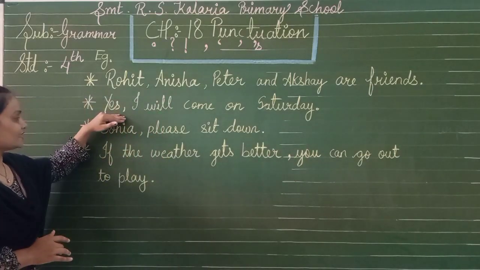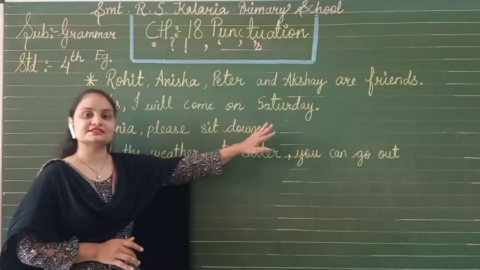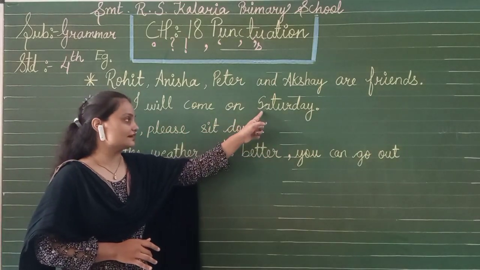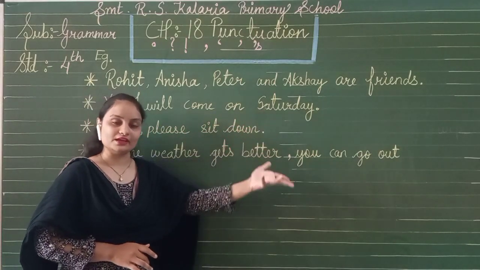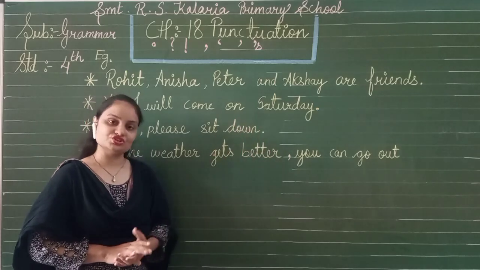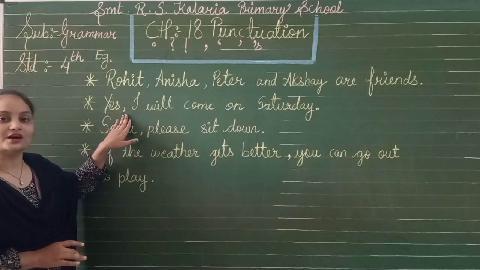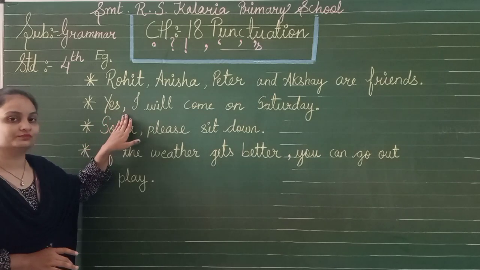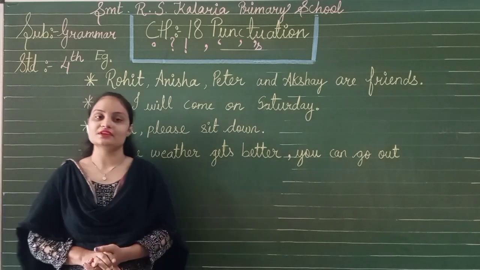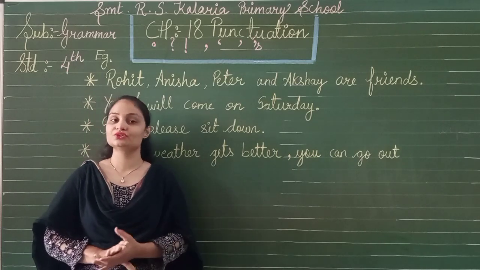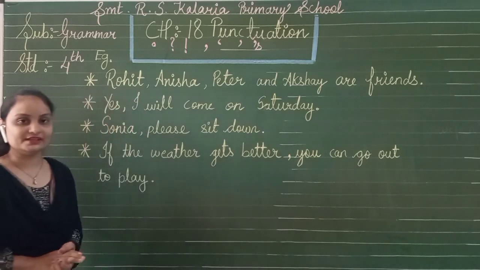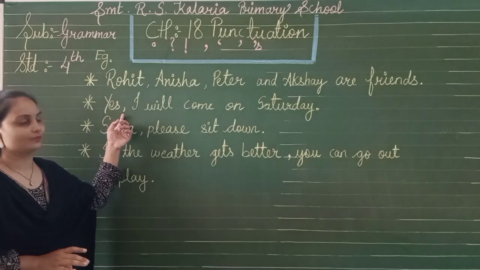Next is, yes, I will come on Saturday. Here you can see that the Y is capital. Why? Because it is the beginning of the sentence. And here after yes there is a comma, because I have explained to you that after an introductory word, what are we adding? We are adding a comma.